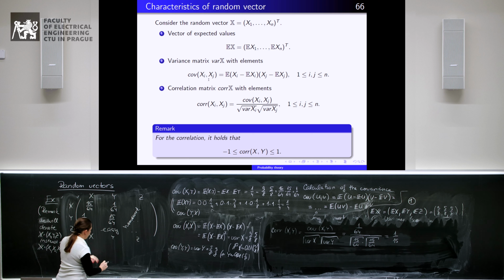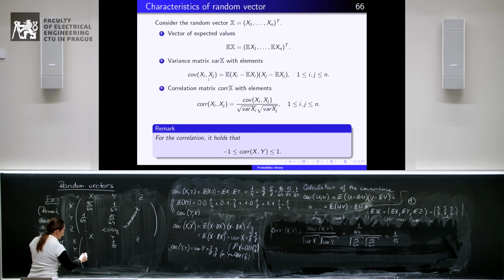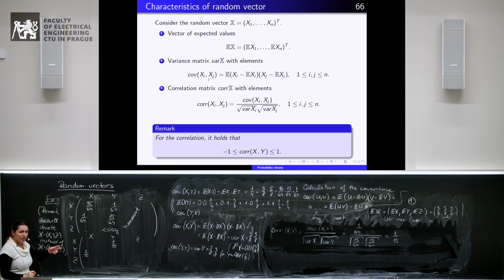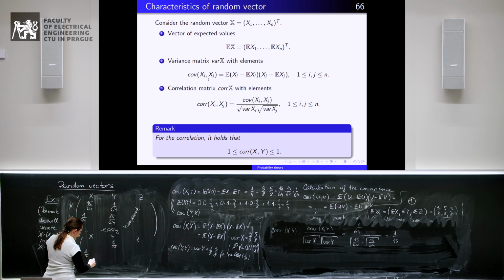And the correlation of x and y is 1 over 15, which is equal to the correlation of y and x.